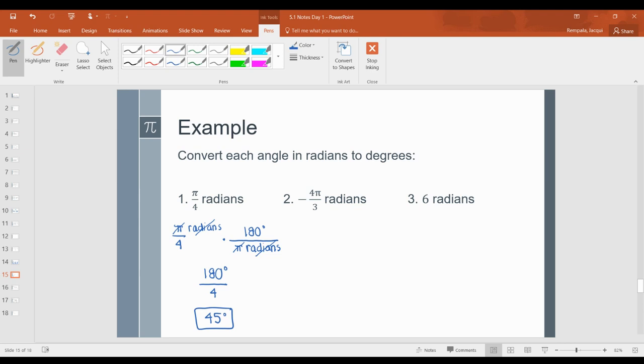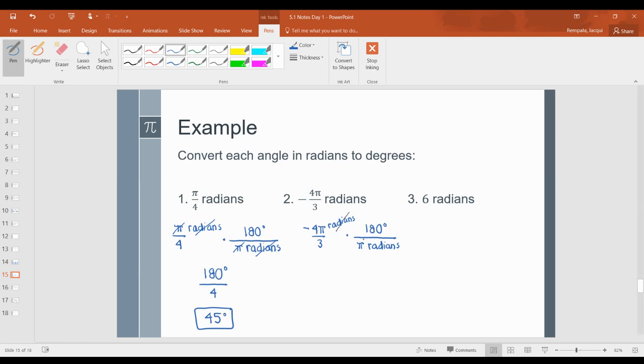In the next one, notice how we're starting with a negative radian, which means my final answer should be a negative degree. So we're going to have negative 4 pi over 3. Remember the radians, I can think about that in the numerator. And so because I want to get rid of radians, I need the pi radians in the denominator, which means that the 180 degrees go in the numerator.